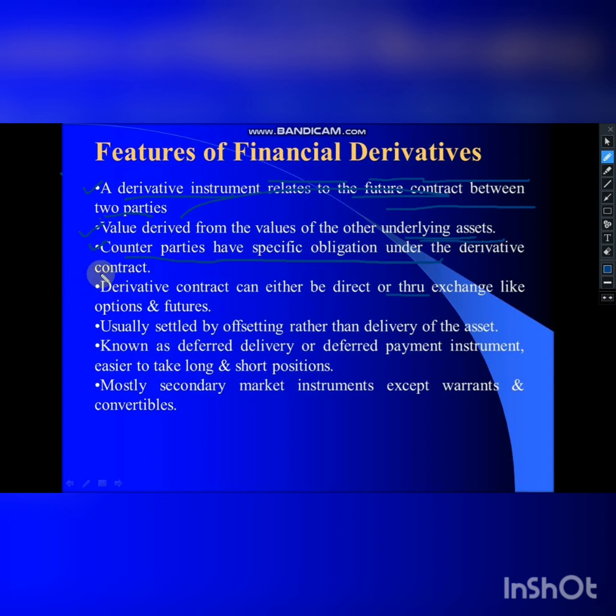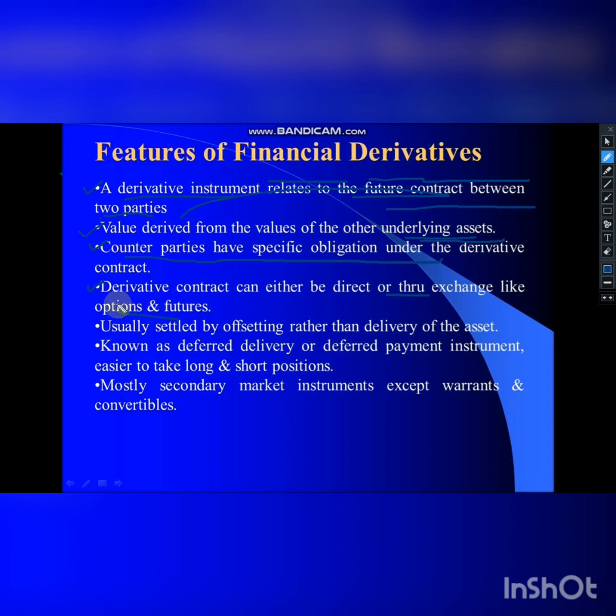The next point we have here is that a derivative contract can either be direct or through an exchange, like futures and options. Don't panic. We will talk about it in the next video on types of derivatives. There are basically four types of derivatives: options, futures, forwards, and swaps.